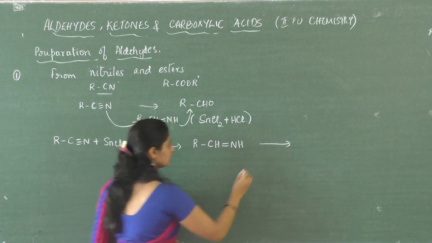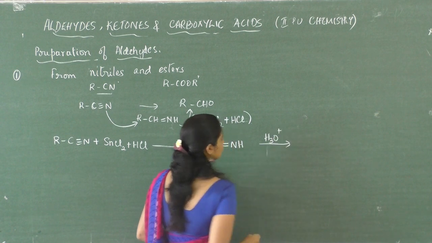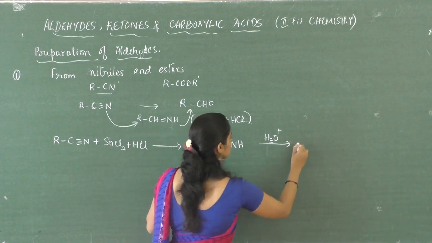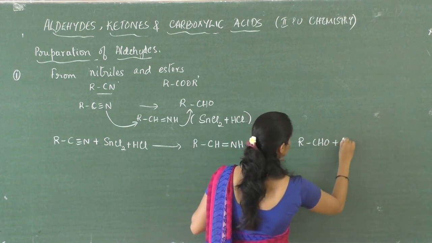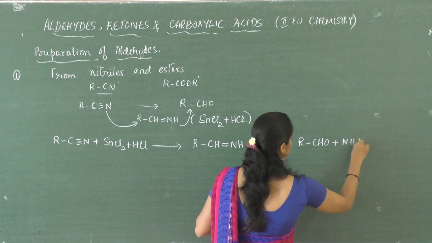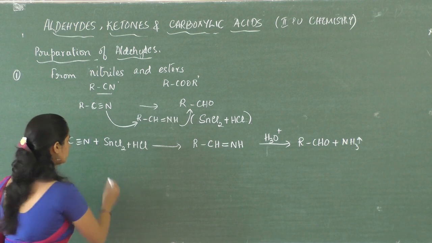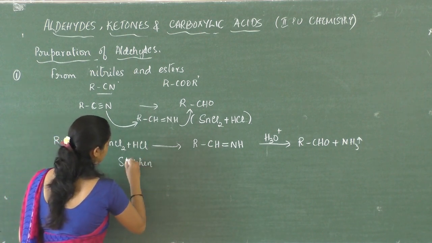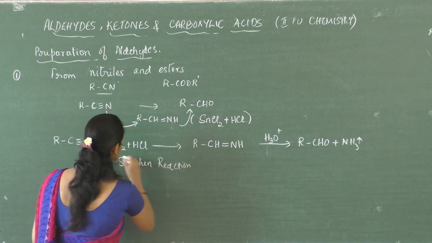This is on hydrolysis, treatment with water in the acidic medium, so it forms RCHO plus NH3. This reaction is called Stephen reaction. Stephen reaction. This is also an important one.